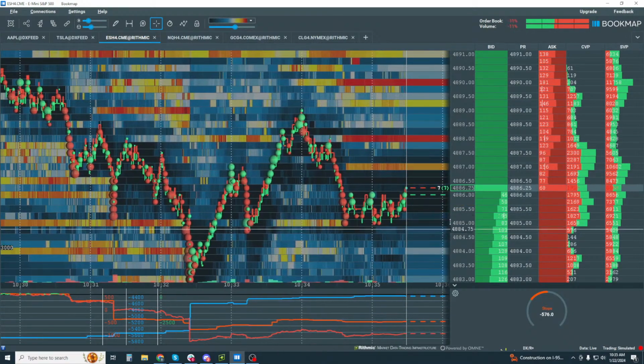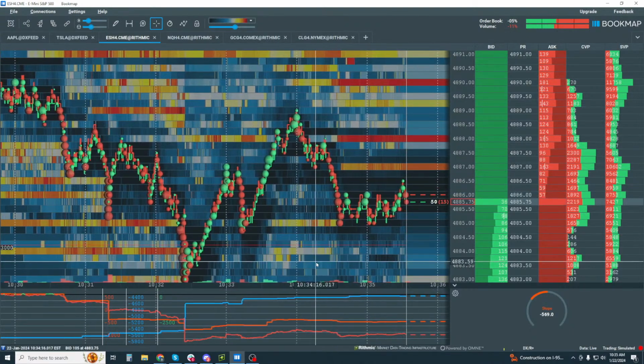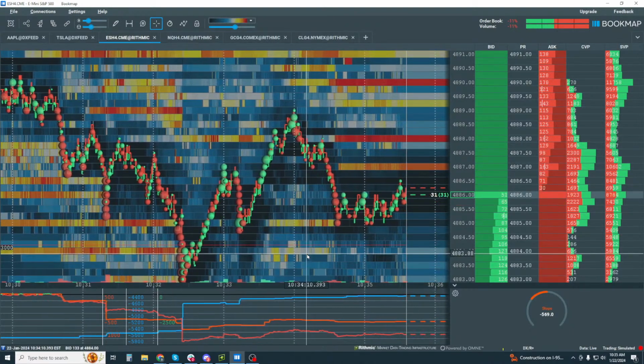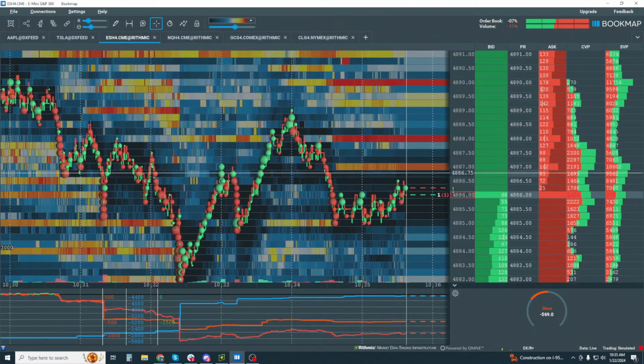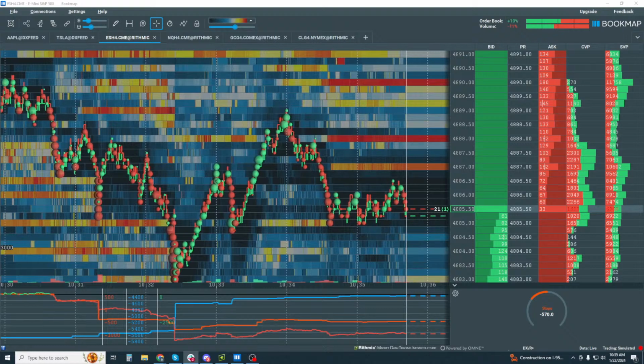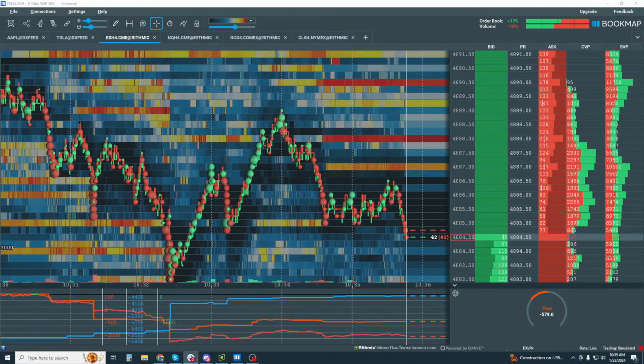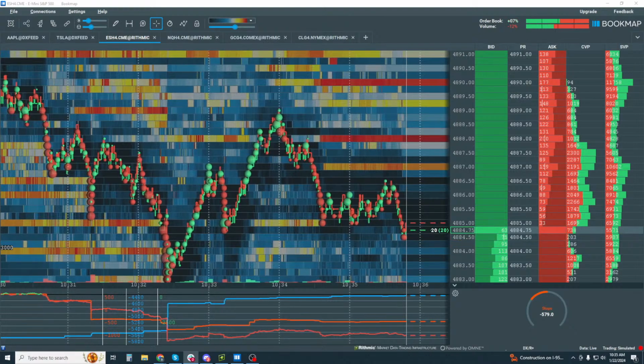And it's mostly on the bid there, so we're starting to see the move back up, looking for this 87 to trade. That 87 liquidity here. And that was not happening.